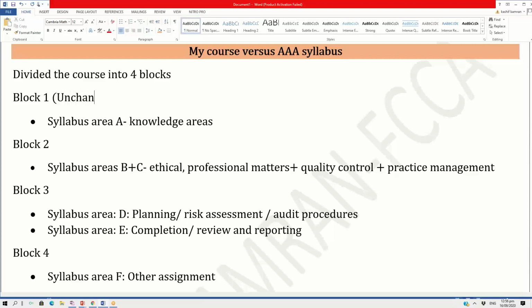It comes once in a blue moon, it is very irregular, and the syllabus in this block is the knowledge syllabus, where most of the things must be carried forward from the AA paper. So I have my pre-recorded lectures here, which I recorded way back in 2018 and 19.